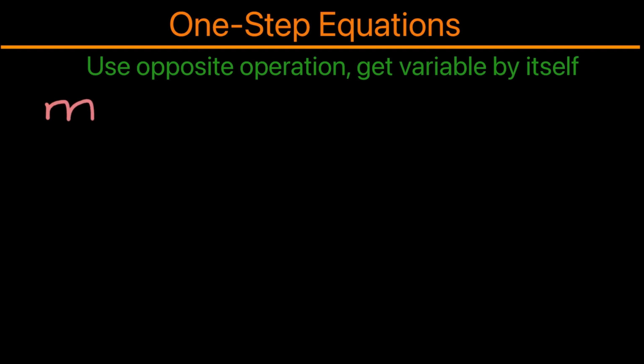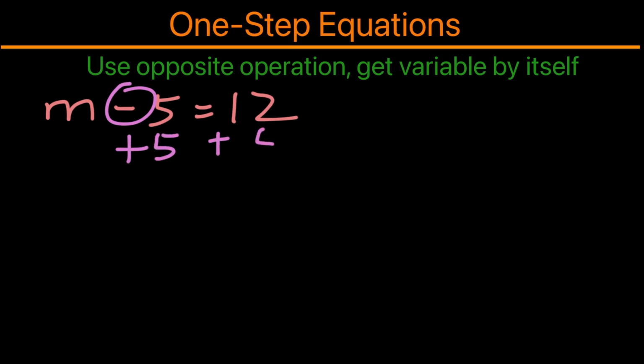Now what about this subtraction equation? For subtraction, we need to offset it with addition. So we will add 5, and 5 on the other side. So negative 5 plus 5 is 0.